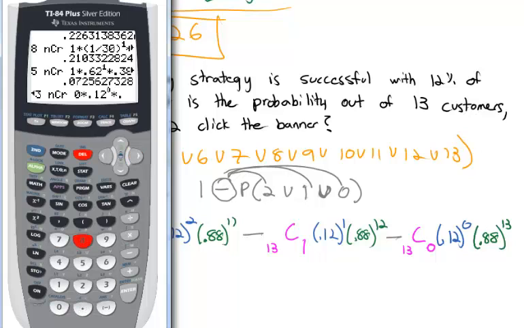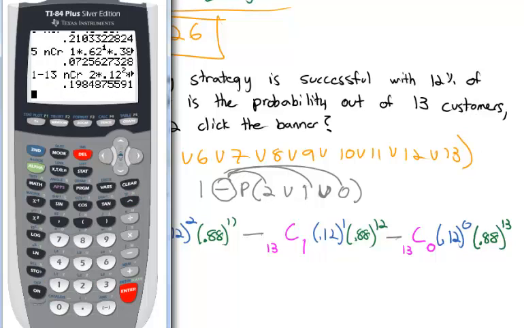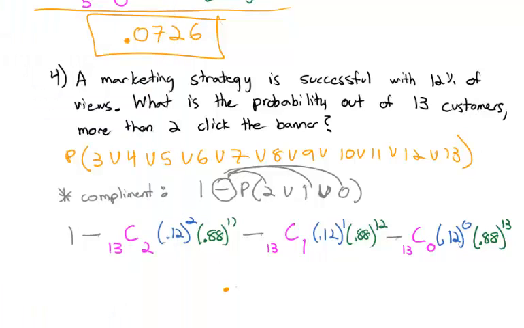Times 0.88 to the 13th power. Enter. The probability is 0.1985. That is the probability that out of 13 customers, more than 2 are going to click the banner and go to our web page.